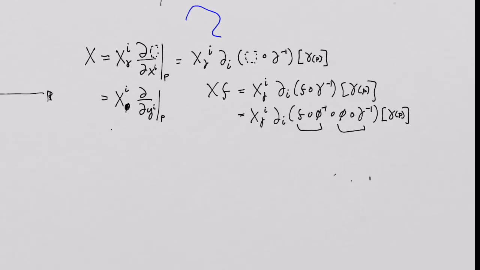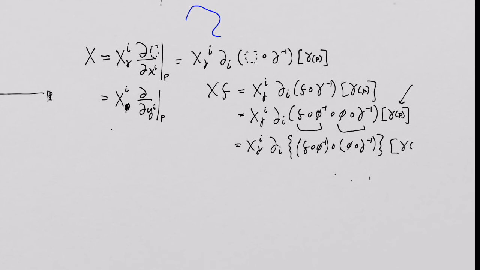So I will write this as X^γ_i, derivative with respect to the ith entry of this d-tuple of f composed with φ⁻¹, composed with φ, composed with γ⁻¹, with this derivative, and then that's evaluated at γ(p), like that.